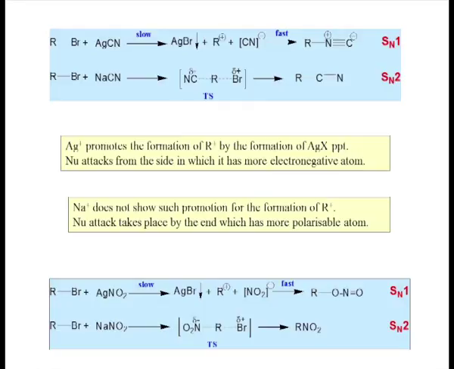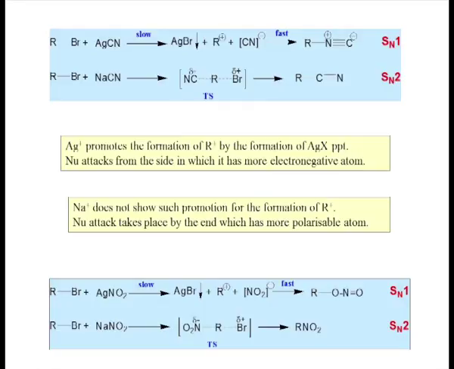Answer is, silver plus promotes the formation of R plus by the formation of AgX, because that rate of reaction is very fast. Silver reacts with X very quickly and that generates the R plus, whereas sodium cannot do that. So, the nucleophile attacks from the side in which it has the more electronegative atom, very clear answer.